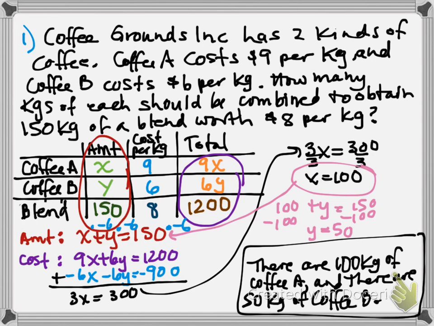Brandon? Wouldn't you need to multiply that 100 by 9 to get the total? No, it wanted to know how many kilograms of each. So it just wanted the x and the y for the answer. Couldn't you just do 150 minus 100? Okay, so here's something that I saw in some tests where people were just magically coming up with answers to the second number in an ordered pair, and there was no explanation how they got that.